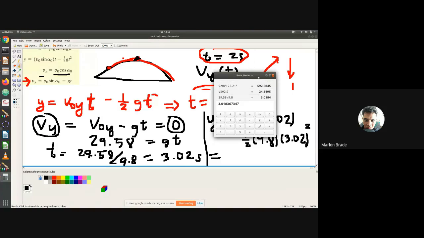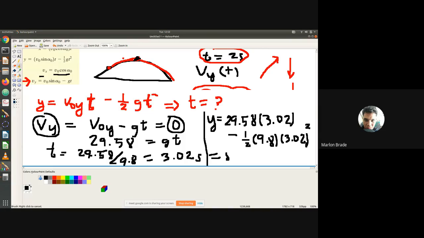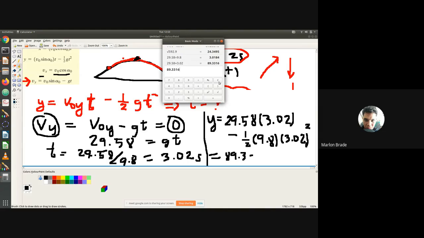So okay, let's solve it. 29.58 times 3.02 is 89.3, minus 3.02 squared times 9.8 divided by 2.